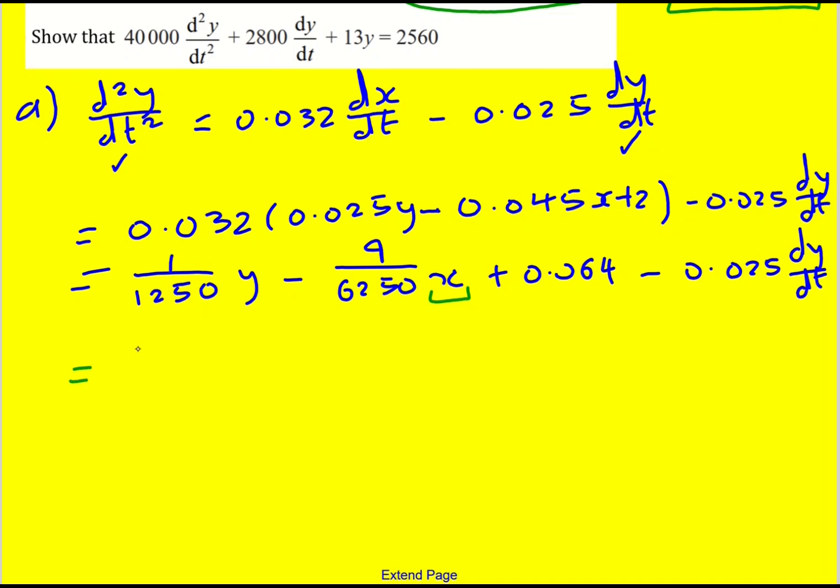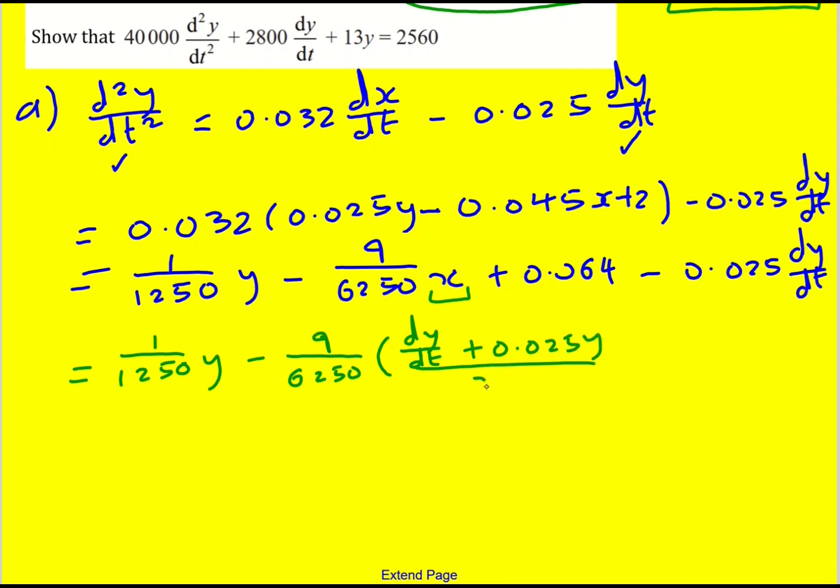So I'm going to replace x by this. I therefore get 1 over 1,250y minus 9 over 6,250 multiplied by dy by dt plus 0.025y over 0.032. That's me subbing in for it.